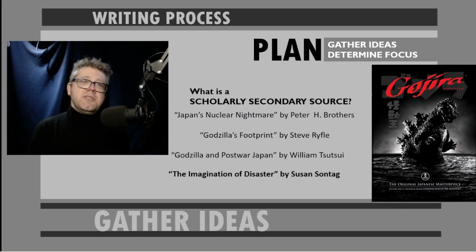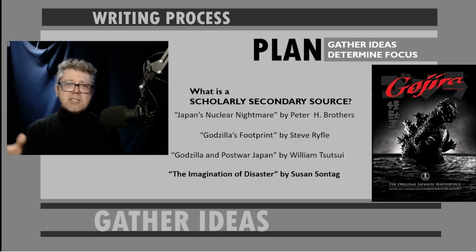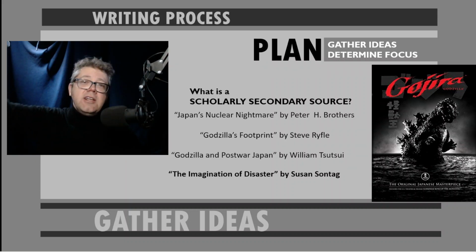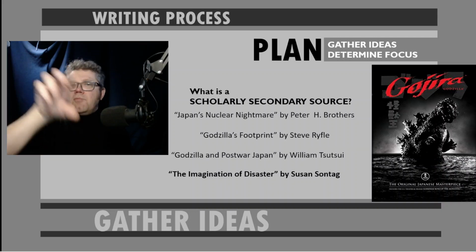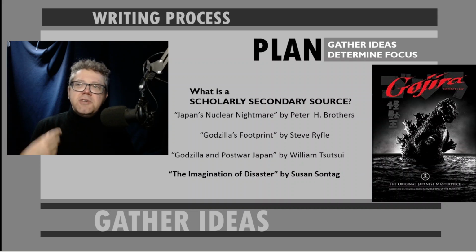This may seem like cruel and unusual punishment, because I'm not giving you the freedom to just go and choose whatever you want, but I'm trying to anchor your argument so that it doesn't just sort of fly out into the wind. There are lots of ways you can use Sontag and bring it into conversation with Tsutsui, Reifel, potentially Brothers, and then whatever other source you go and find.